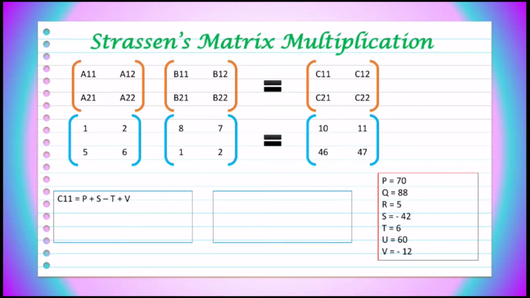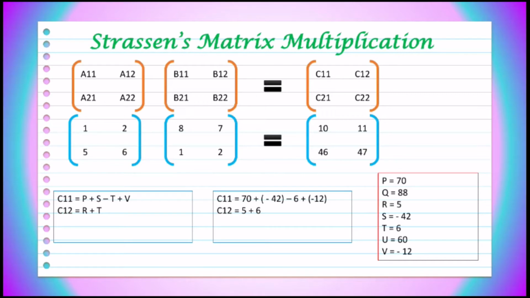P plus S minus T plus V. So just we will replace the values because we already know the values of P, S, T and V. So 70 minus 42 minus 6 minus 12. So C11 will be what? 10. Next the formula for C12 is what? R plus T. So just replace the values. So 5 plus 6 is what? 11. So C12 will be what? 11.